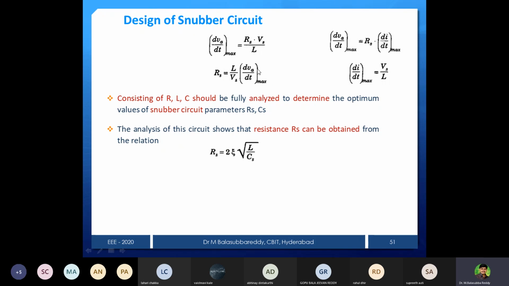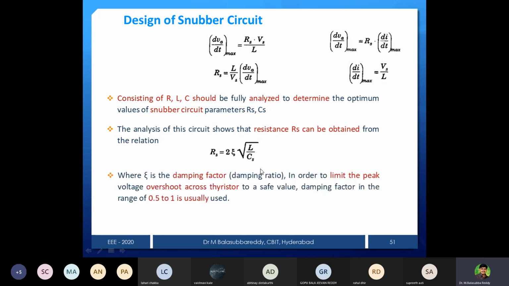But by changing dV by dt, the inductance value and the supply value, they find the appropriate Rs value by trial and error, without any large derivation. They got one empirical relation by changing random values. And finally we got Rs is equal to 2 times the square root of L by Cs.